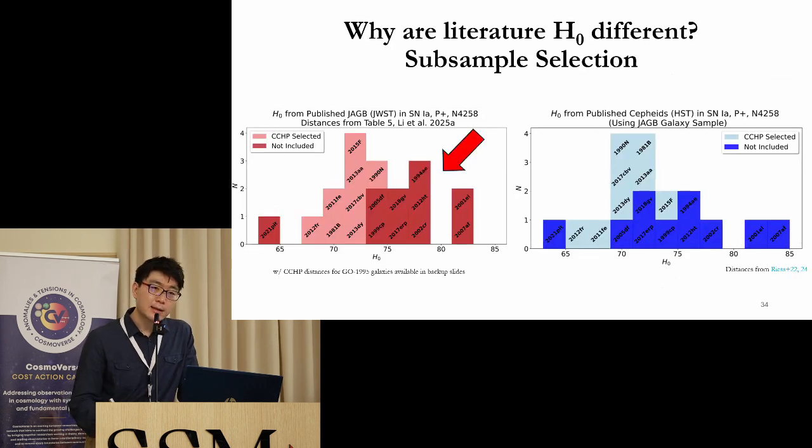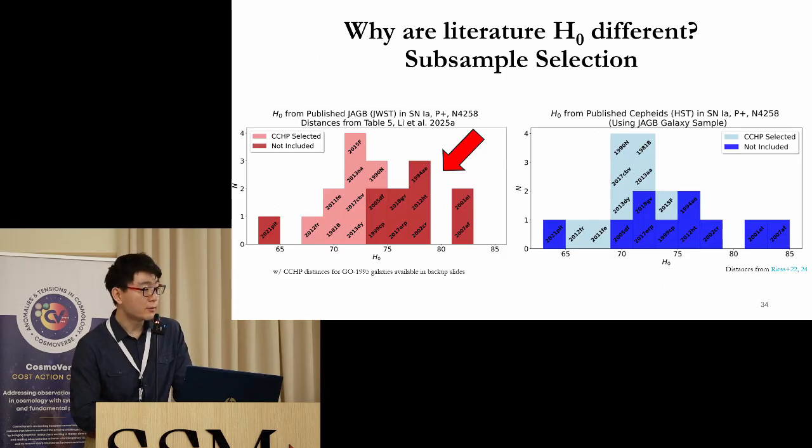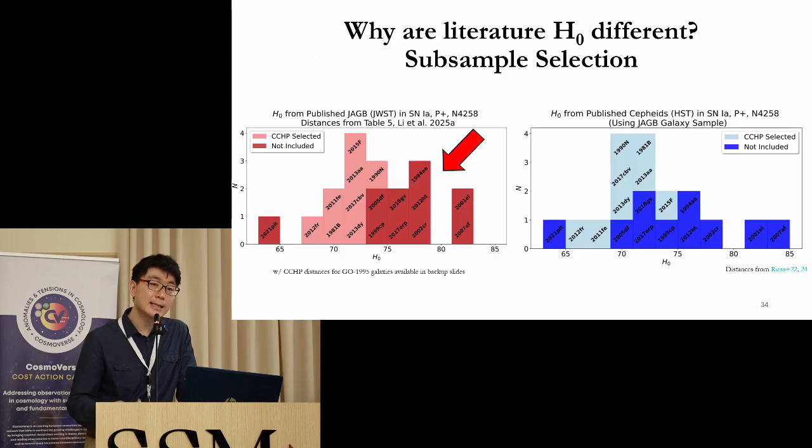And so you might have noticed that there have been different values and measurements of H0 in the past. And so I would say that these variations can really be explained by subsample selection. Now on the left here, I'm showing a similar plot to what I showed with the TRGB, a histogram of the individual values of H0 using individual type 1a supernovae. In the pink here, we're showing the galaxies that were observed by the GEO 1995 program.